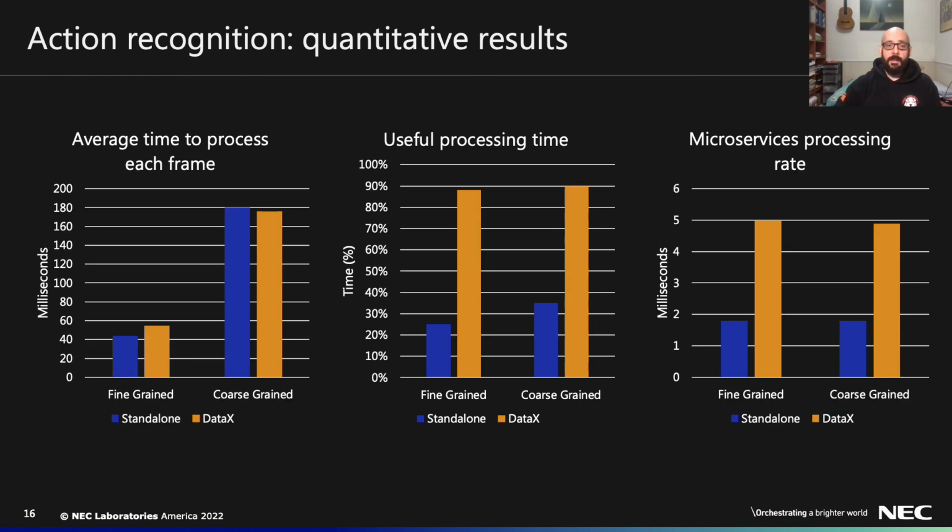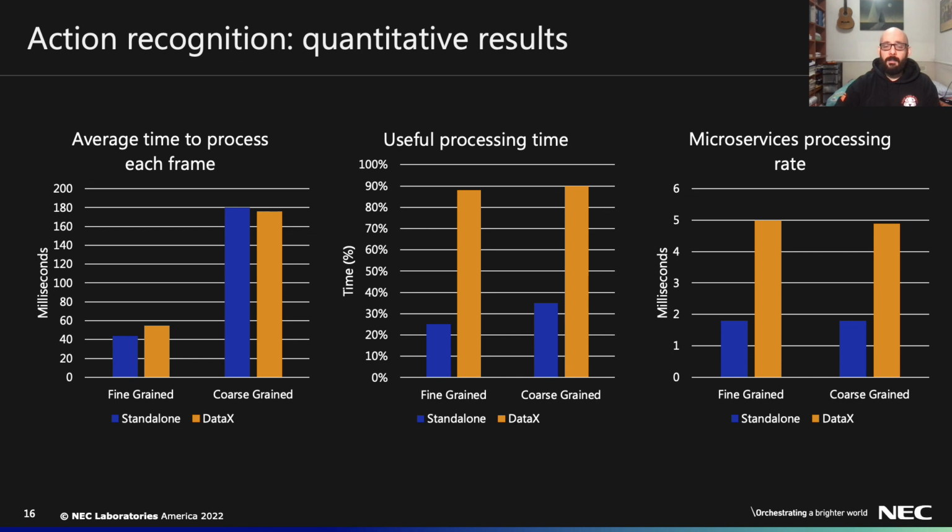This figure shows some deeper understanding of the performance changes in the application. In the first plot we show that on average it takes the same time to process each frame both in the standalone and in the DataXe version, which is not a surprise since they use the same hardware and the same business logic.